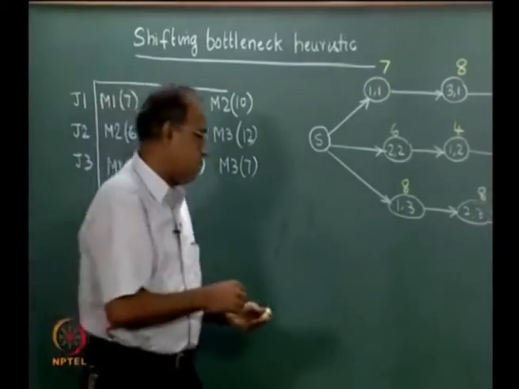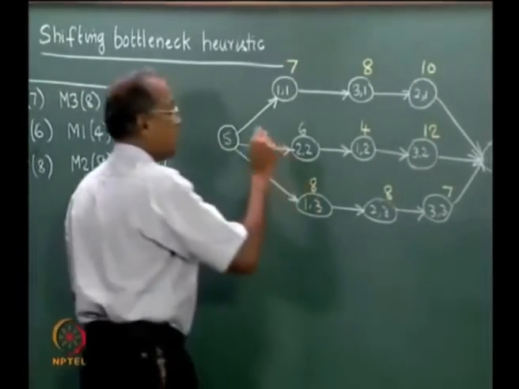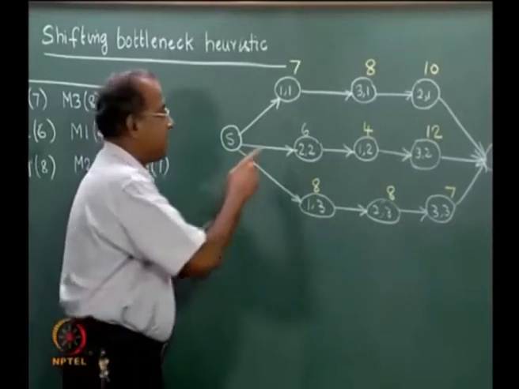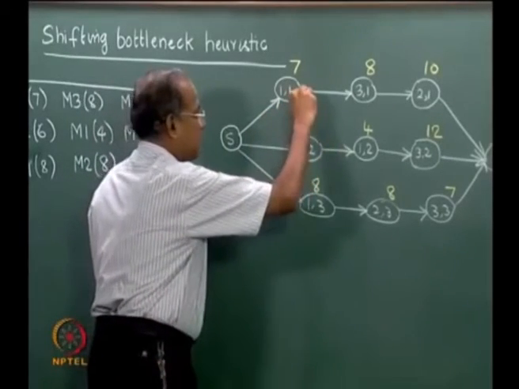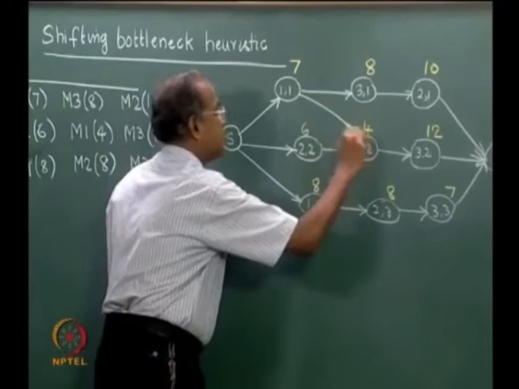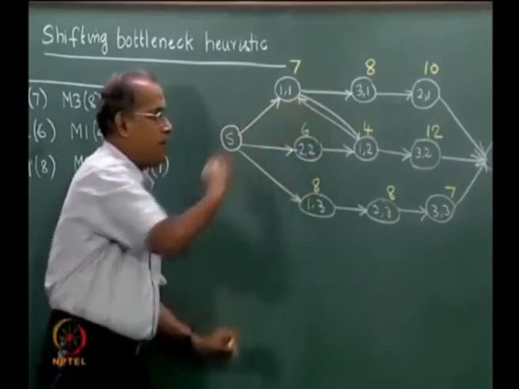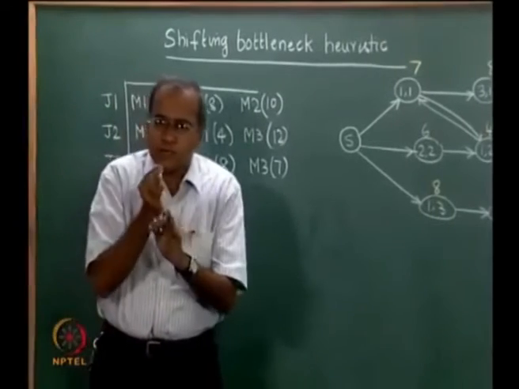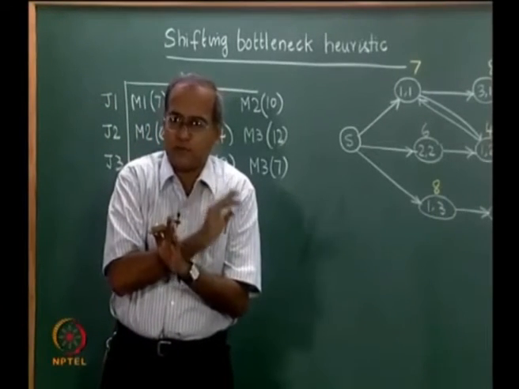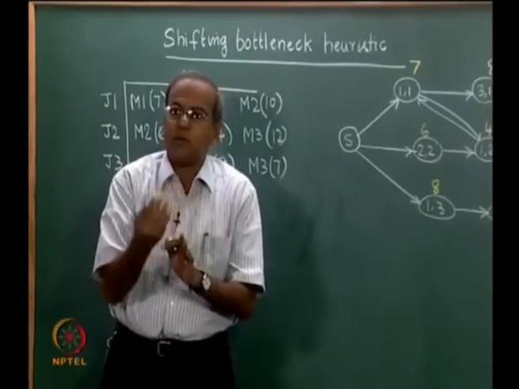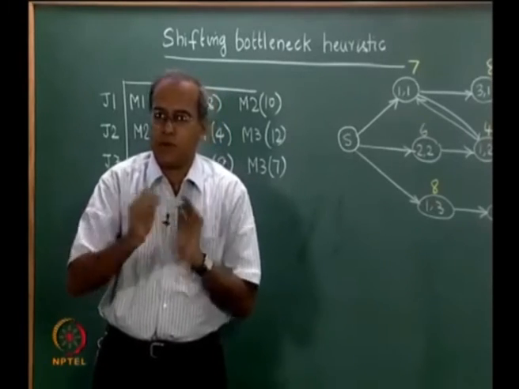So if we take machine 1, we could have, for example, between jobs 1 and 2 something like this, where at the moment we do not know whether job 1 is going to go first on machine 1 or job 2 is going to go first.